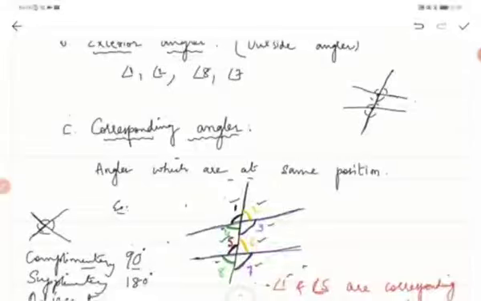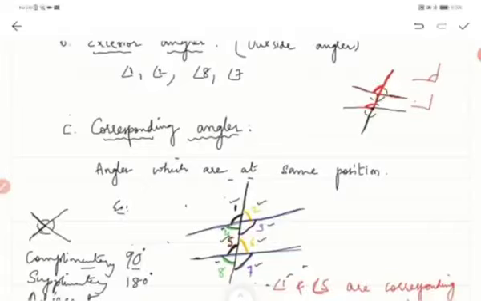See, where is this one? It is at the position where this transversal line is cutting on the upper side, right? In a similar way, this angle and this angle, you can say they are at the same position, isn't it?